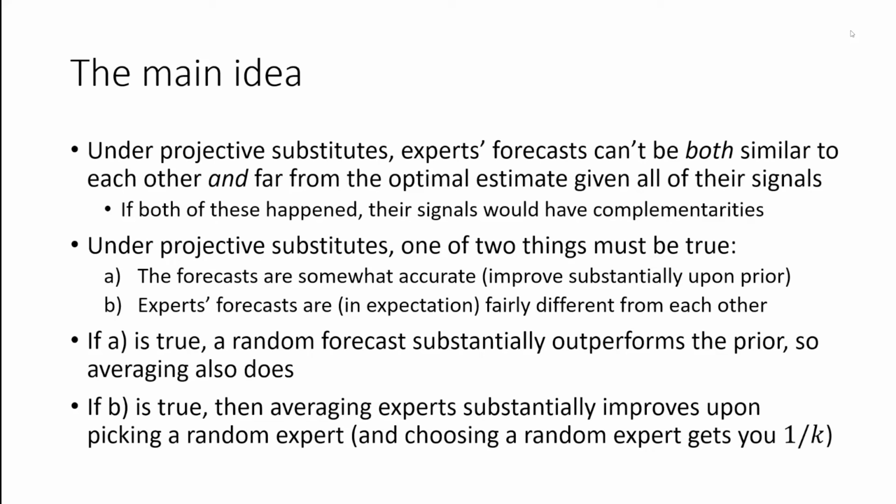On the other hand, if B is true, if the experts' forecasts are quite different from each other, then averaging substantially outperforms picking a random expert. Because essentially you filter out the noise that comes from the choice of random expert, which is large if the experts are far apart. And we know that picking a random expert gets us a 1 over K approximation. So in both cases, you beat 1 over K by a substantial amount.